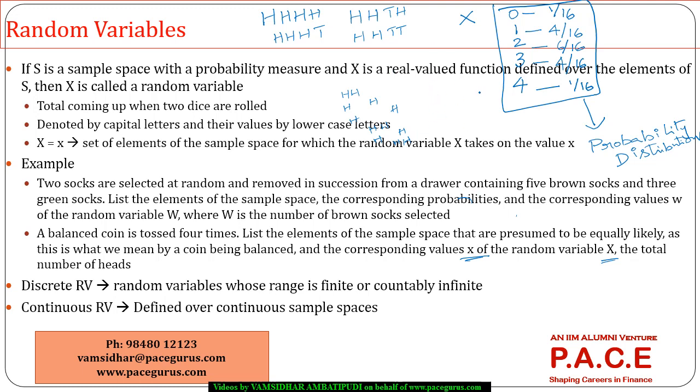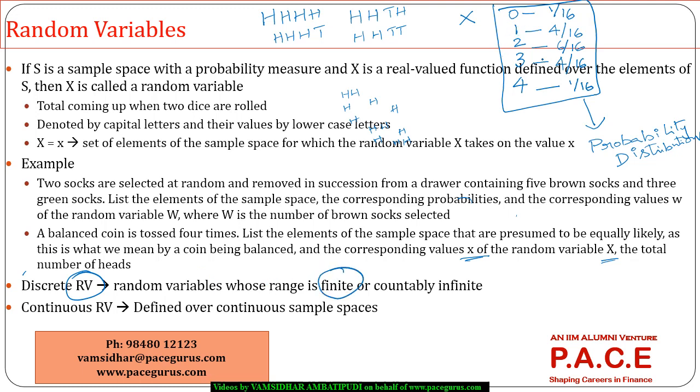There are various other ways of representing the distribution, but taking different possible values of the random variable along with their associated probabilities, that is what we are calling the probability distribution of the random variable. Now, we could have a discrete random variable whose range is finite.